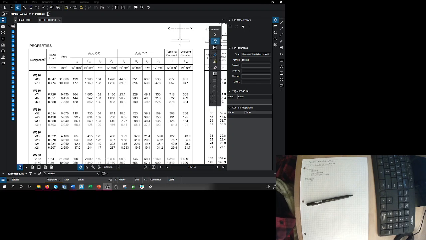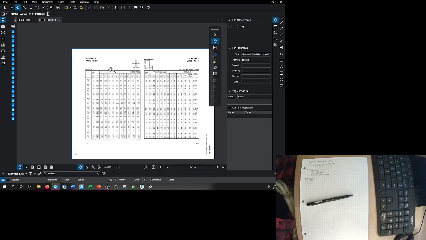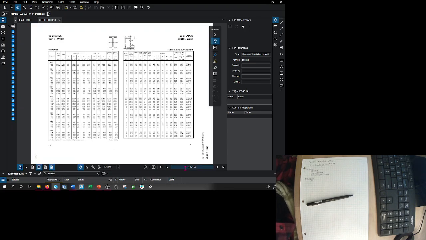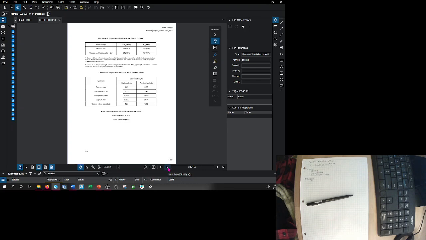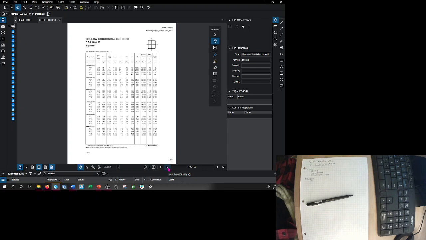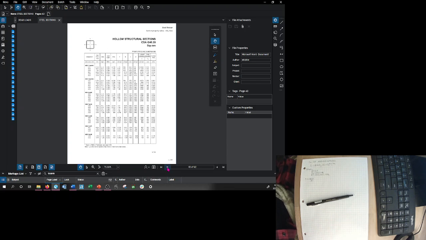We've got steel section properties right here. Let's find our HSS's, shall we? So that's somewhere further down the line. HSS's, okay. So an HSS 64 by 64 by 3.2.